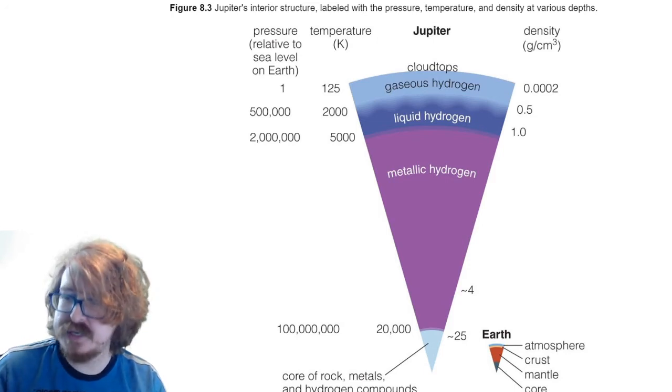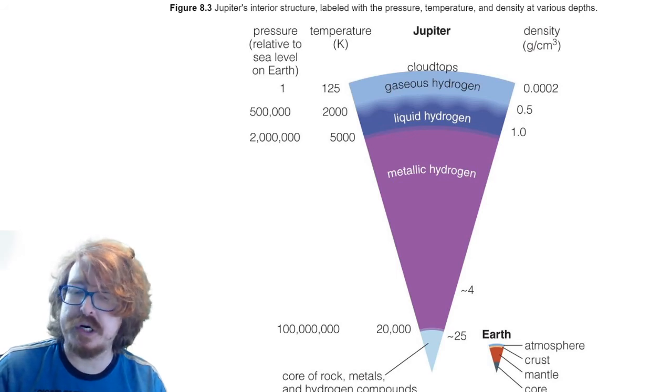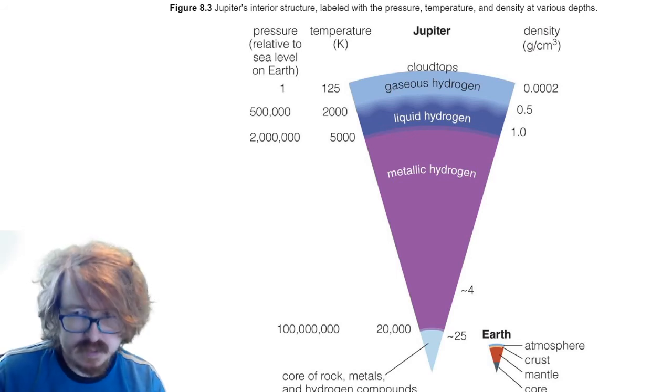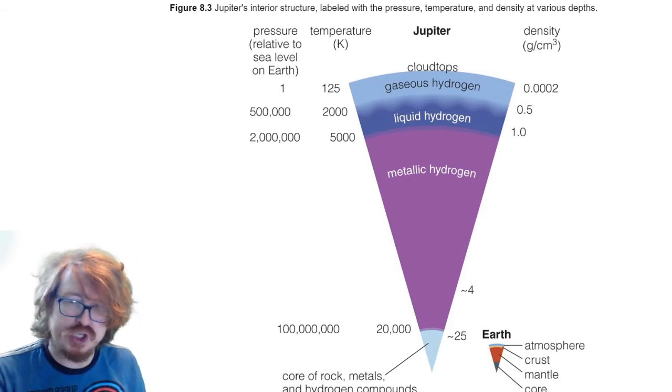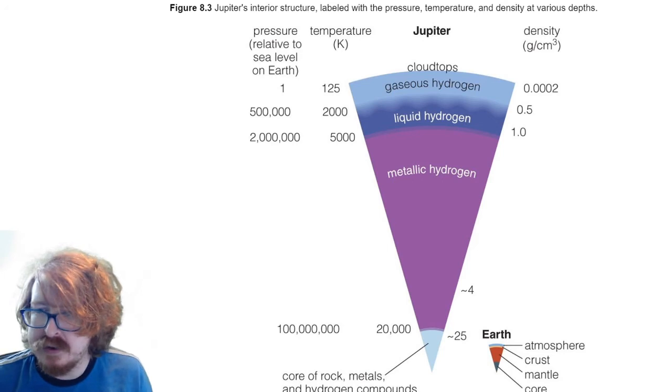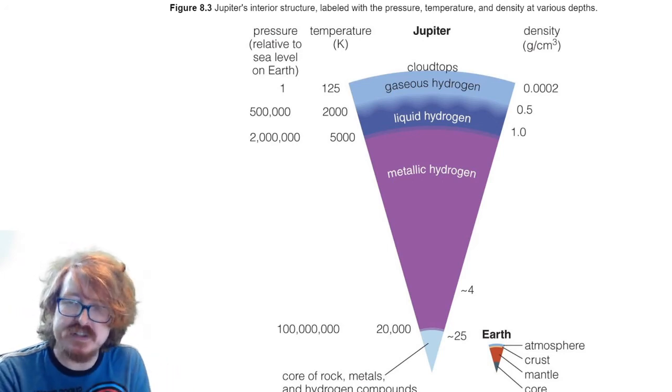That is correct. The gravity on Jupiter must be very high. And that makes sense with what we've said about Jupiter before. Jupiter has a very high gravity because its mass is so high.